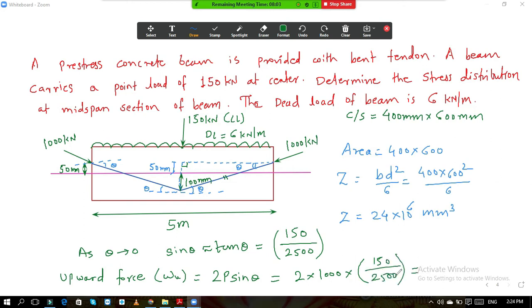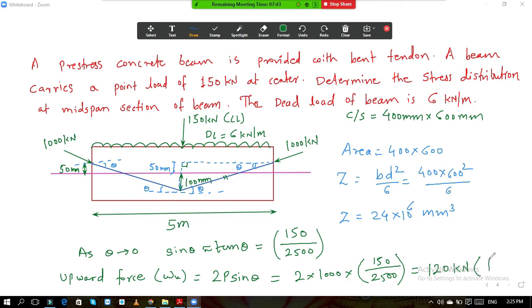If you calculate, you will get the answer. It is 120 kilonewton.